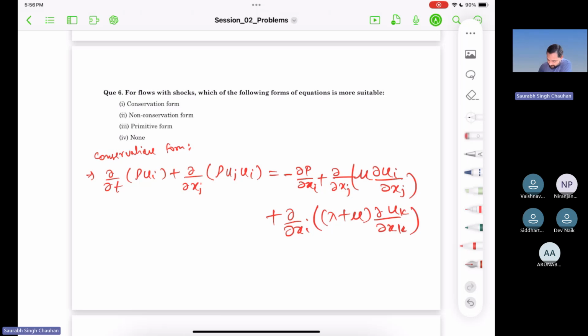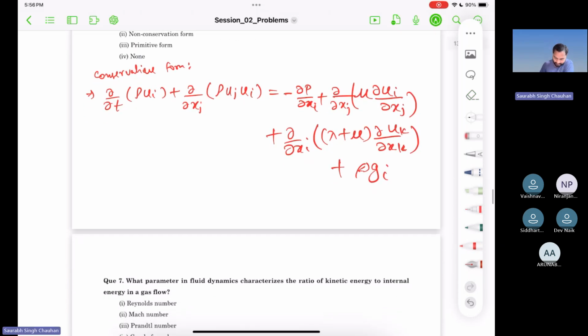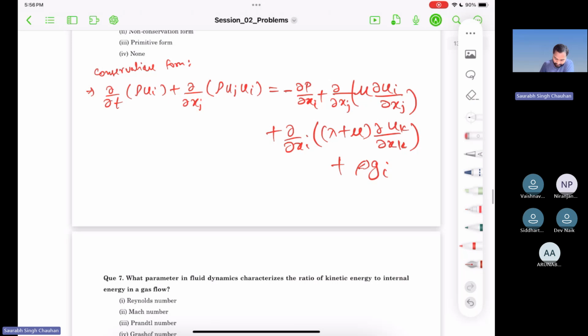So pressure term, viscous term, bulk viscosity, and maybe some body force term, rho g or whatever. So this is the conservative form.